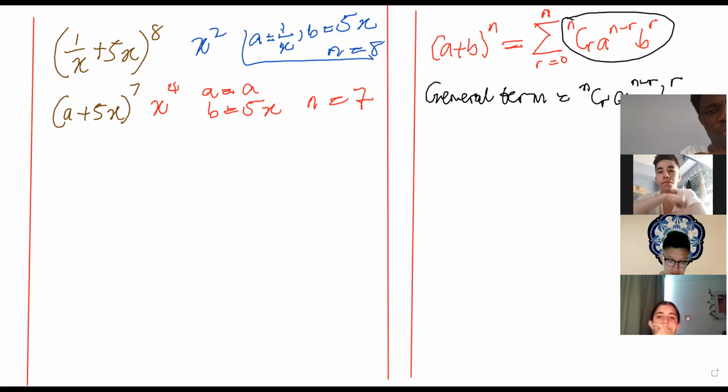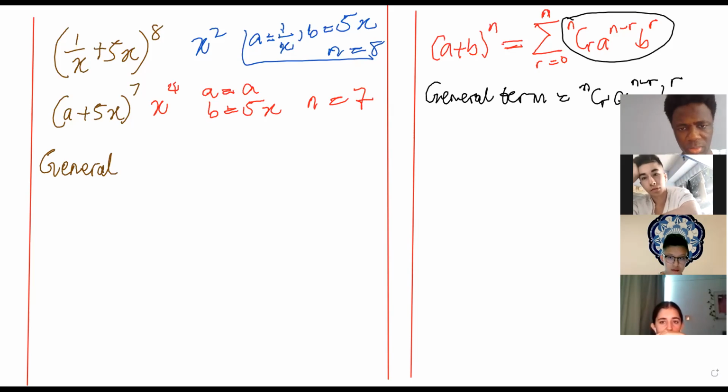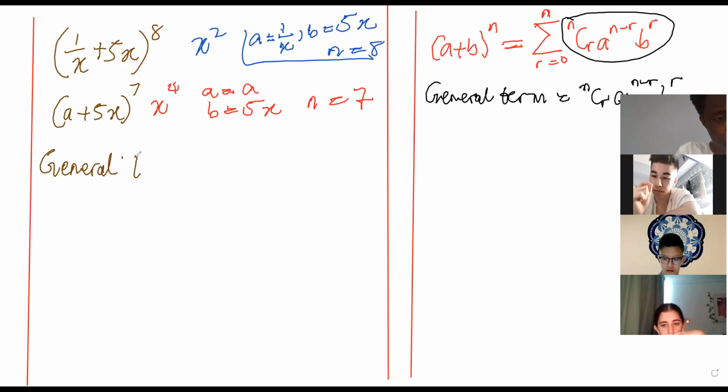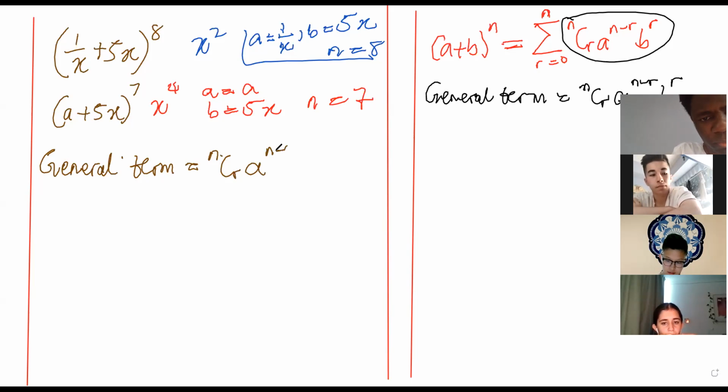So let's consider the first one, the one in blue. But first of all, general term is n combination r, a to power n minus r, b raised to power r.